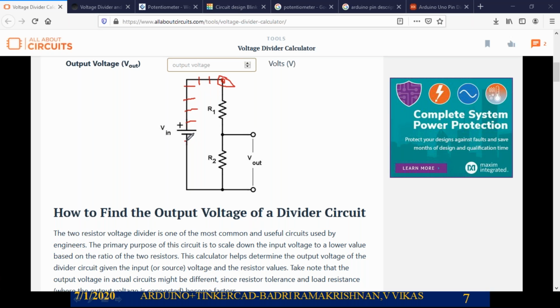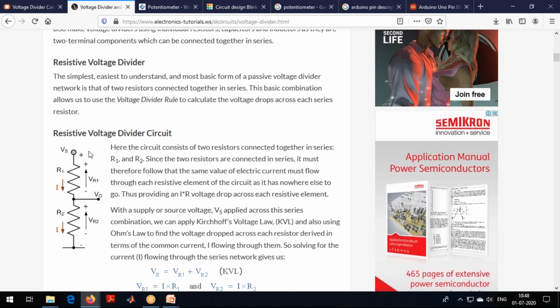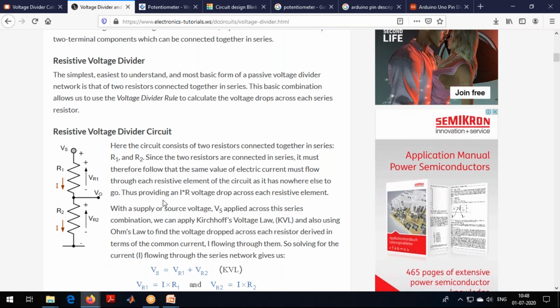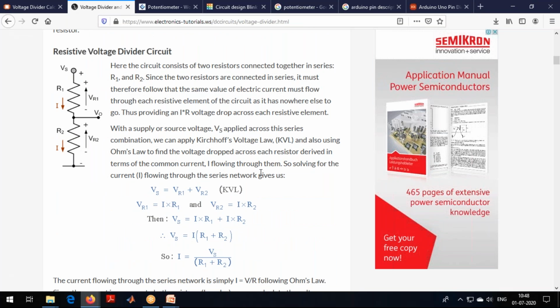So at this point I am going to have the same voltage, and whatever I have as negative or grounded, at this point it will be ground, at this point it will be ground, so at this point also it will be ground. That is the reason I am saying, when I consider this circuit, at this point I have Vs, at this point I have ground, both are the same circuits, and this is the potentiometer.